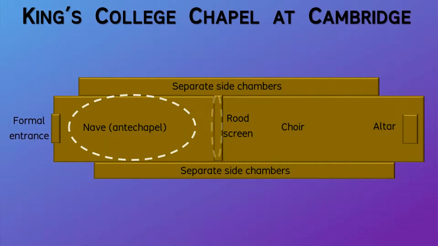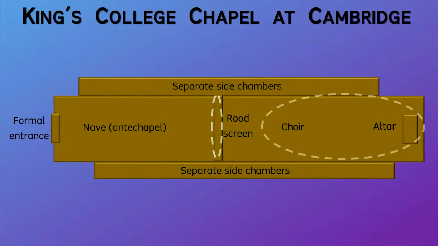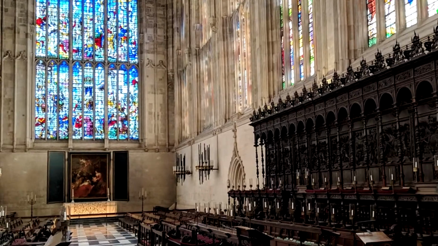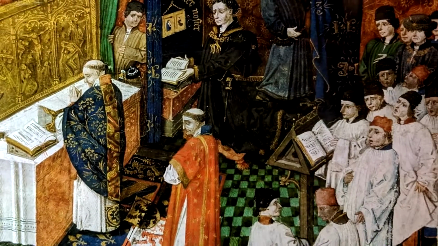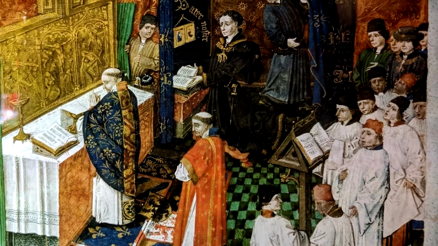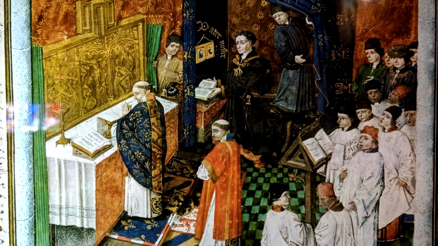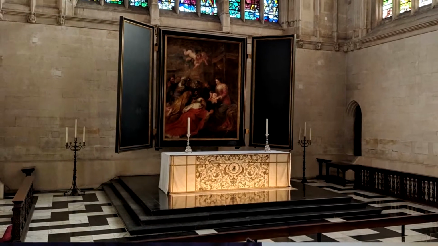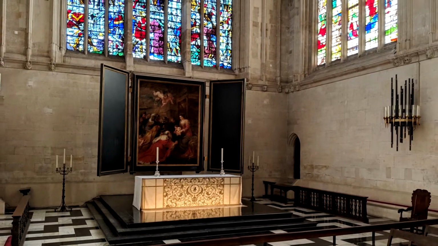The rood screen or choir screen of King Henry VIII divided the space between the nave and the choir. At the altar, a priest would perform the religious rites, typically aided by other priests and assistants. Traditionally, a choir would have been in attendance for musical performance, presumably along with the chapel's pipe organ.